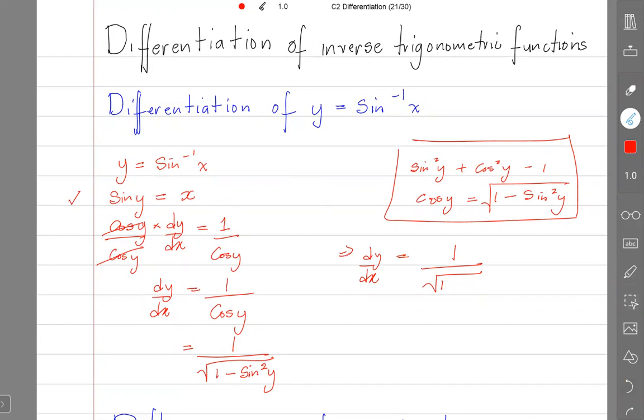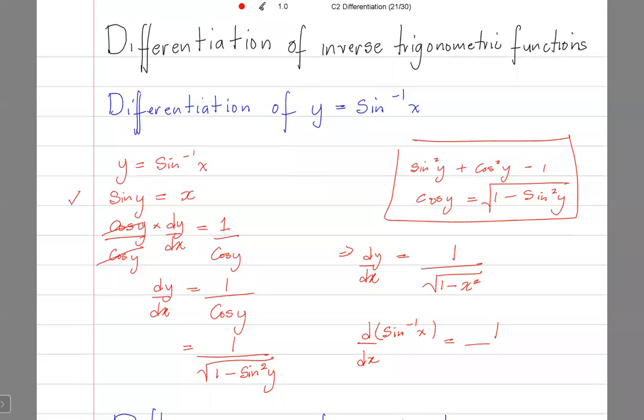So this is 1 minus x squared. So the differential of sine inverse x, if you differentiate that with respect to x, what you're going to get is 1 over the square root of 1 minus x squared.